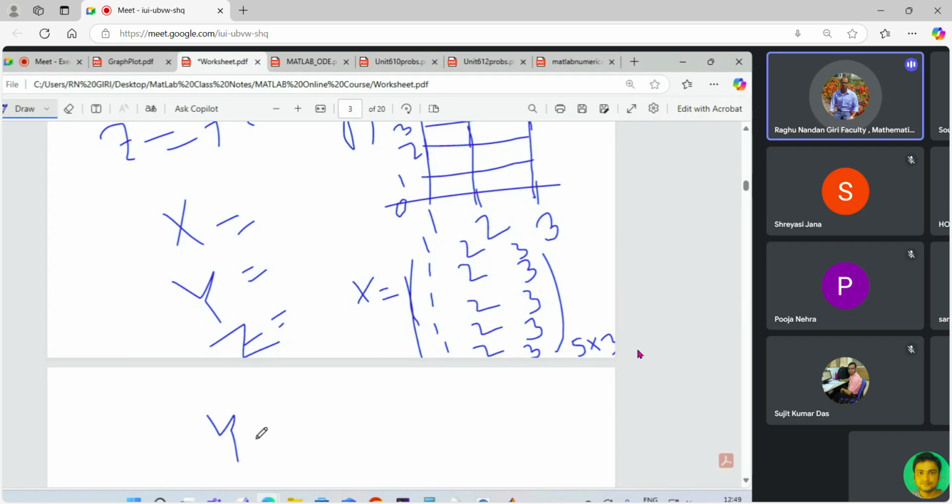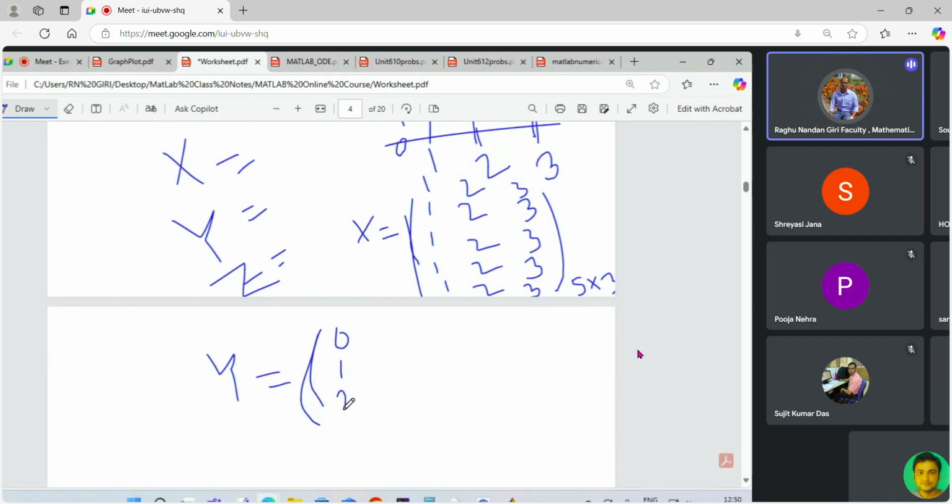Then the y matrix. See, the y matrix is 0, 1, 2, 3, 4, repeated in each column.